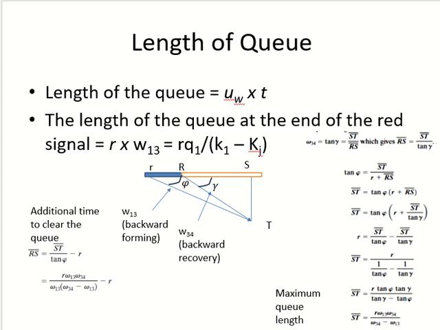The perpendicular is still ST, but the base is the whole thing. If tangent gamma equals ST upon RS, then RS equals ST upon tangent gamma. We just switched it. So RS equals this thing. Now in this equation I have RS, so I will replace RS with this one.